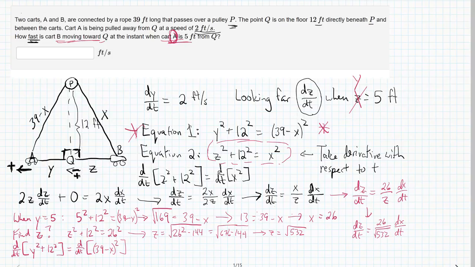Well, this will give us 2y dy/dt, which we do have some information about, equals 2 times 39 minus x, and we know what x is, right? Recall a couple steps up above, x equals 26. So, and then times dx/dt, and times a negative 1 as well.